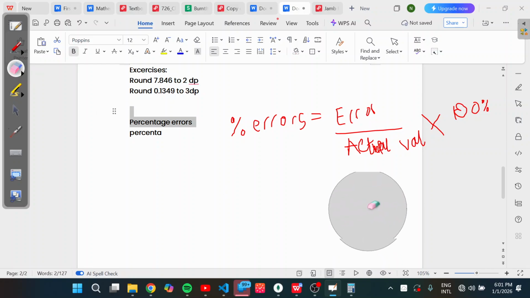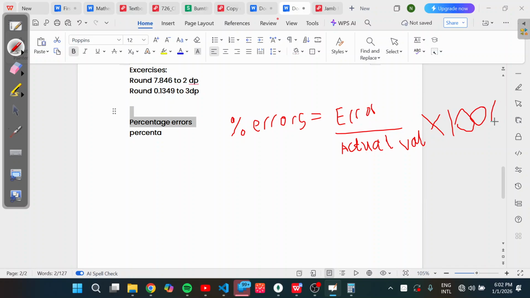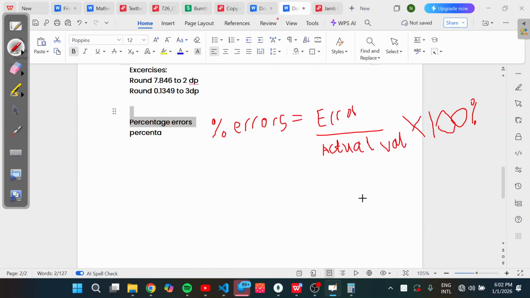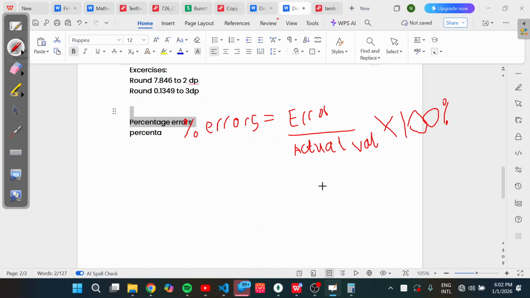Okay, so this is the formula for percentage errors: the error over the actual value multiplied by 100%.